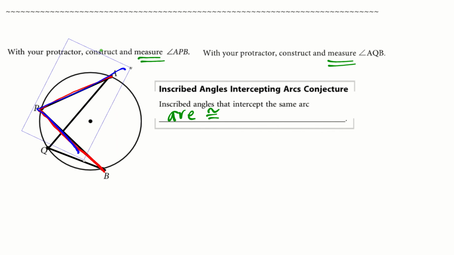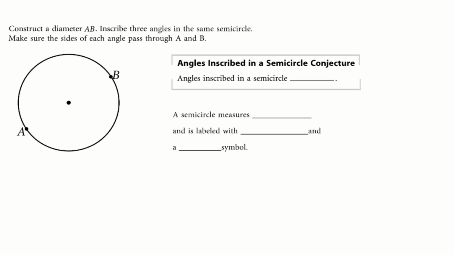So not using a protractor, but using the tracing method with patty paper works just as well, and we just verified that inscribed angles that intercept the same arc are in fact congruent.